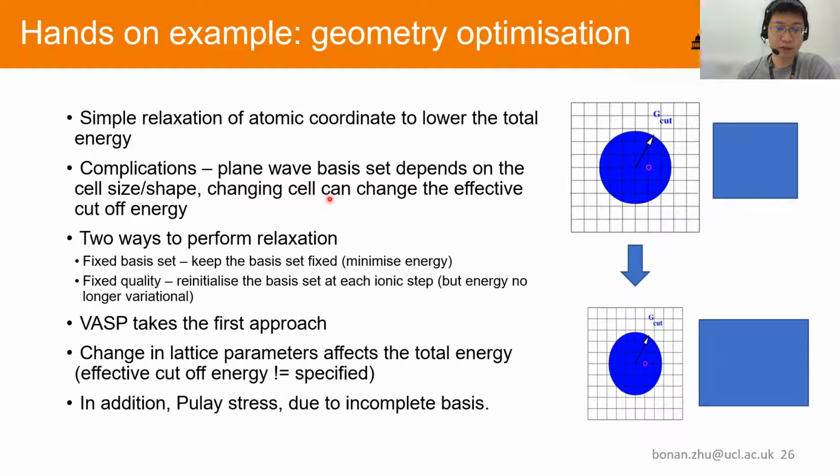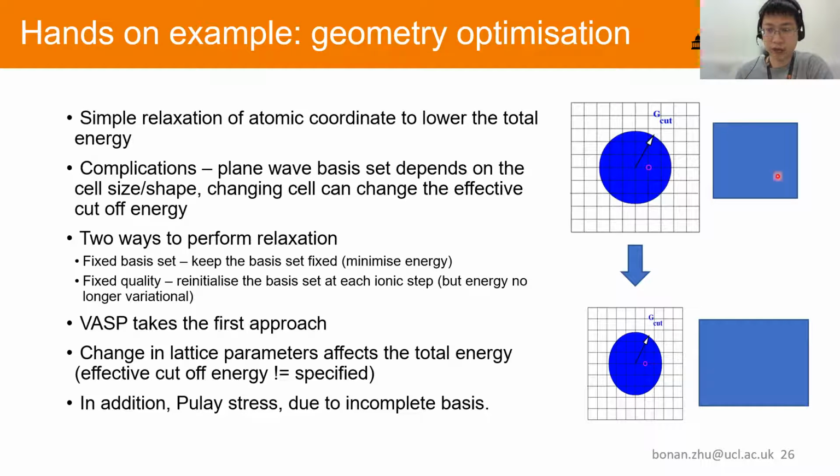So if you change the unit cell, for example, you start from a square unit cell in 2 dimensions. But if you expand the unit cell in the x direction, what you're actually doing in the reciprocal space is shrinking the unit cell. Initially we have this cutoff circle, but because we changed the unit cell, if we keep our sampling k points the same, this circle is getting squashed.